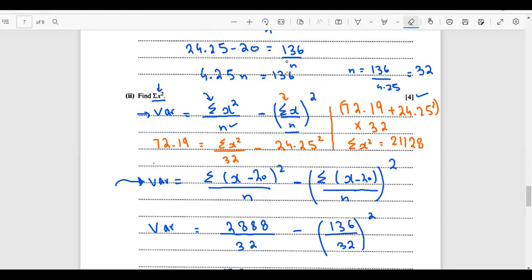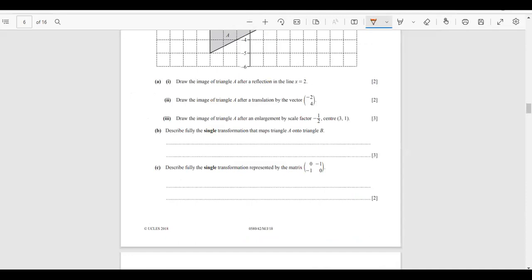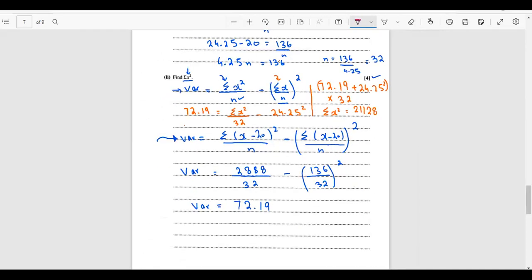Since we have information about x minus 20, that is why we are incorporating this new formula. Otherwise, we would have used the previous ones. But since we need variance in order to find summation x squared, that is why we are doing it this way. Please try understanding this question. You can just take a picture of this if you were not able to, because this is extremely important, okay?